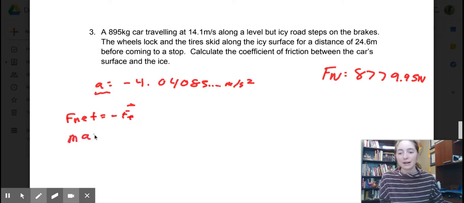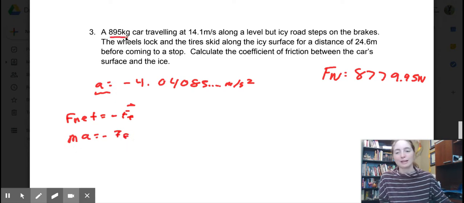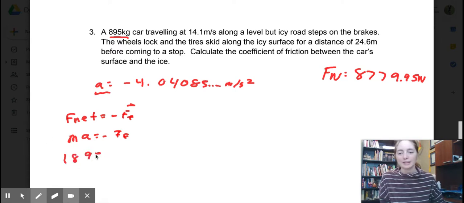So ma is going to equal my negative force of friction. So the mass of the car, which we had earlier, is 895 kilograms, and we're going to multiply that by our negative 4.0485 meters per second squared.